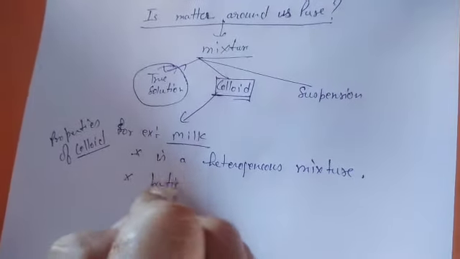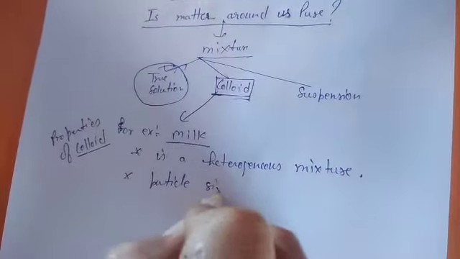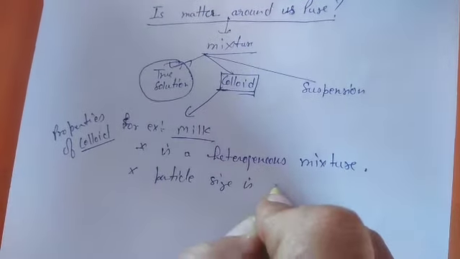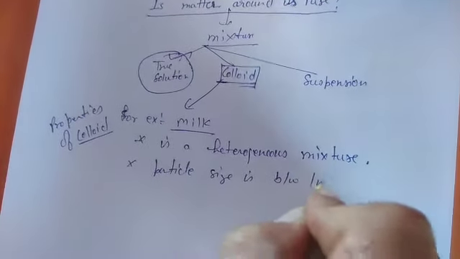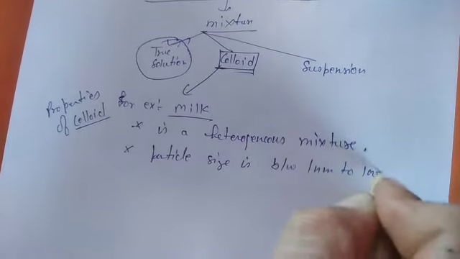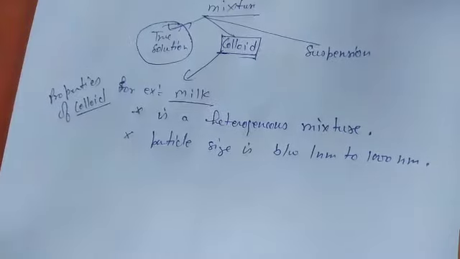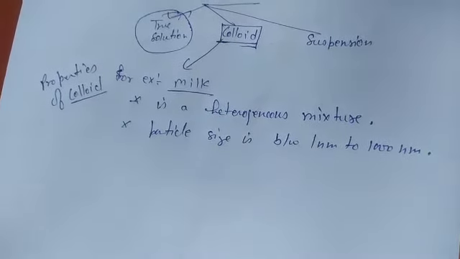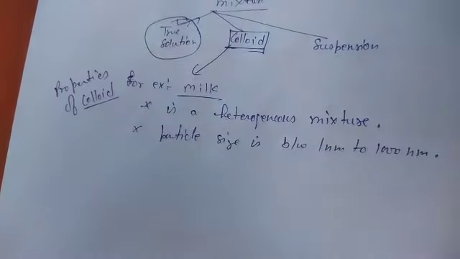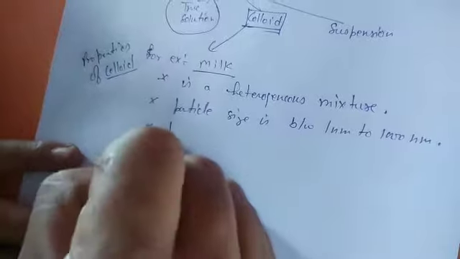Particle size is always between 1 nanometer and 1000 nanometer, while in the case of true solutions it is less than 1 nanometer, meaning a smaller size.